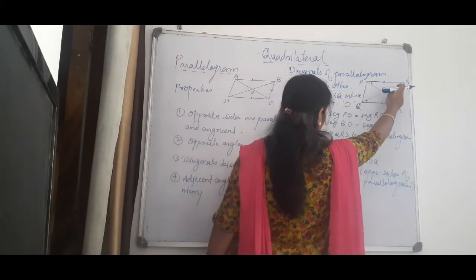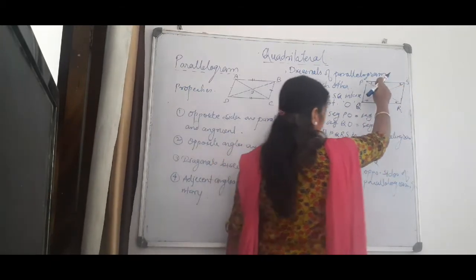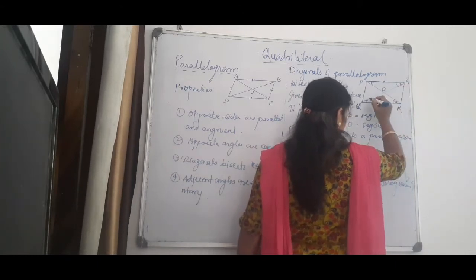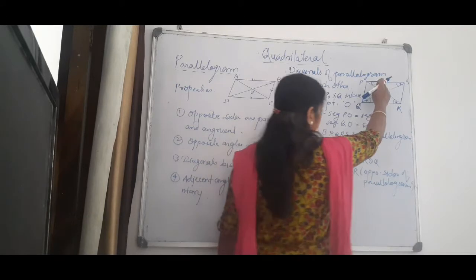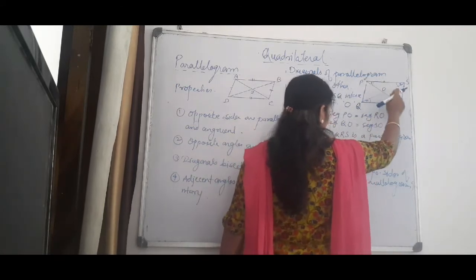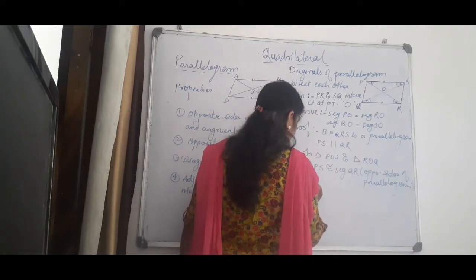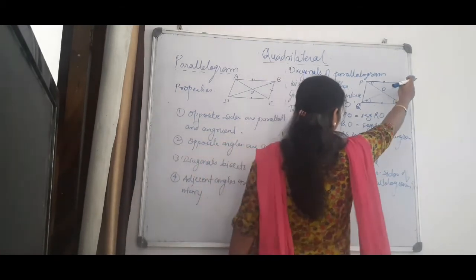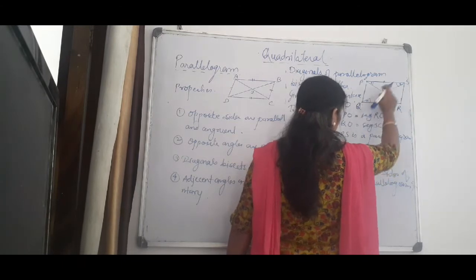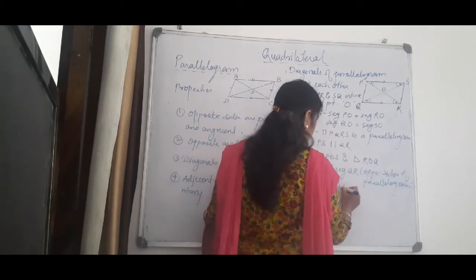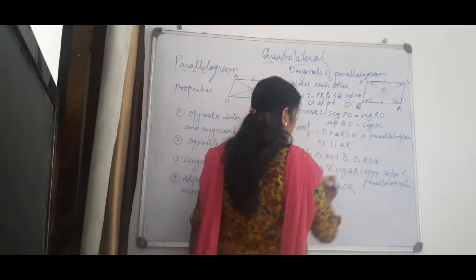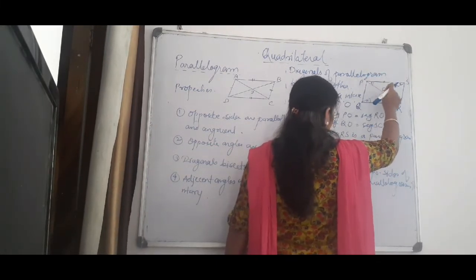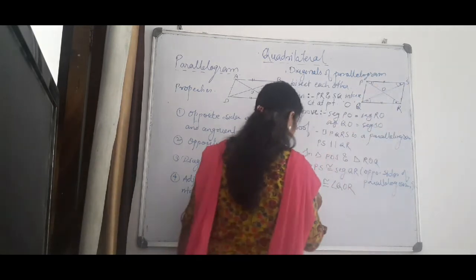Then you have to take these two angles. These are alternate angles. So lines are parallel, so you can take this angle and this angle as alternate angles, and this angle and this angle as alternate angles. So angle SPO is congruent to angle QOR. Now you have to take OPS.